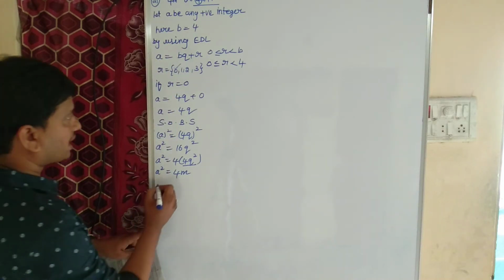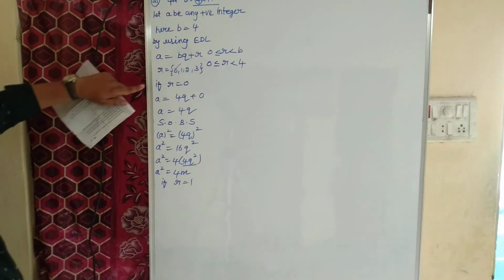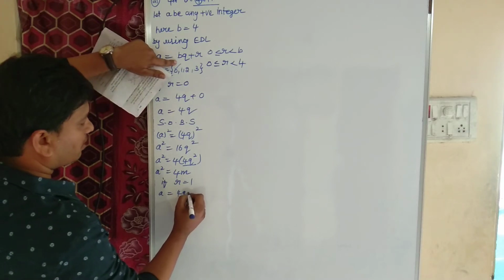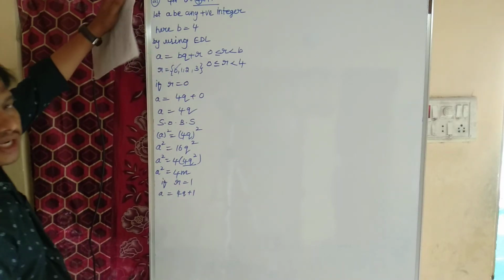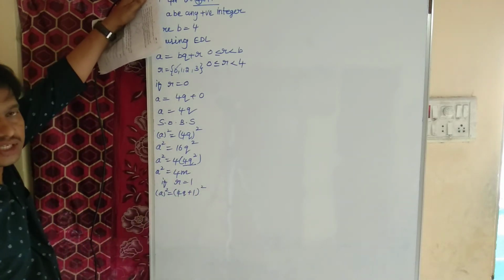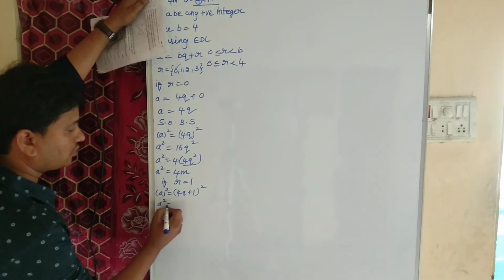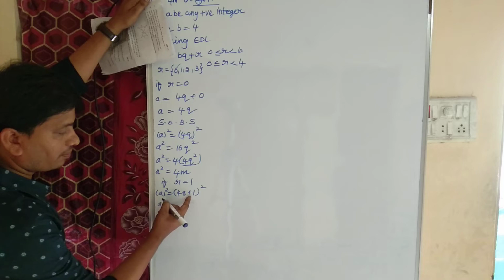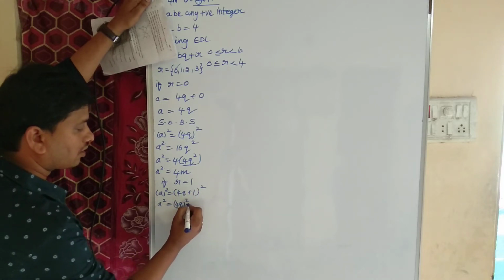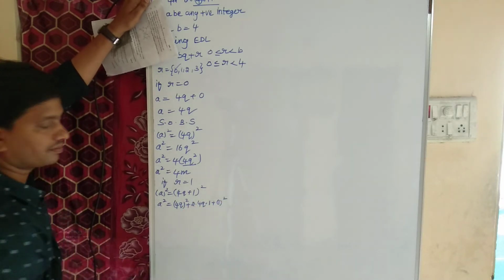Now coming to the second condition, if r equal to 1. If r equal to 1, what is the Euclid lemma? a equal to bq plus r, with value 1. According to the question, the square of any positive integer, I mean squaring on both sides. a square equal to 4q plus 1 whole square. Now which is in the form of a plus b whole square. What is the formula of a plus b whole square? a square plus 2ab plus b square.